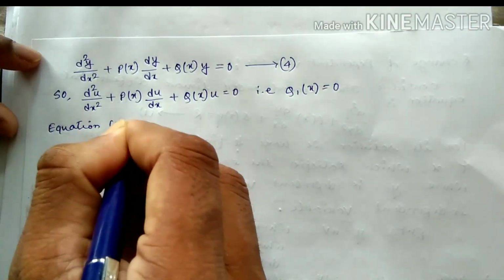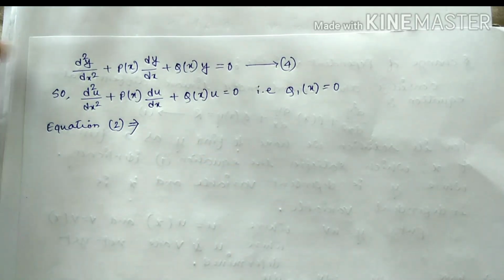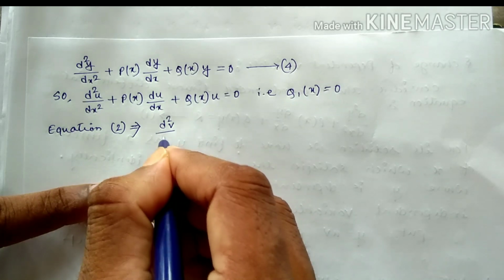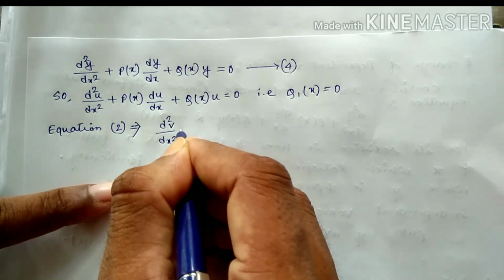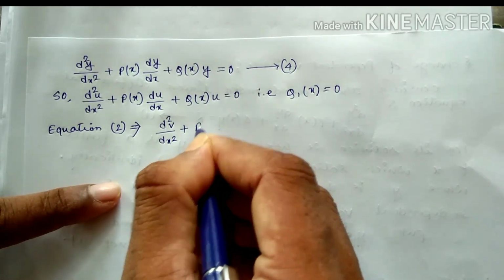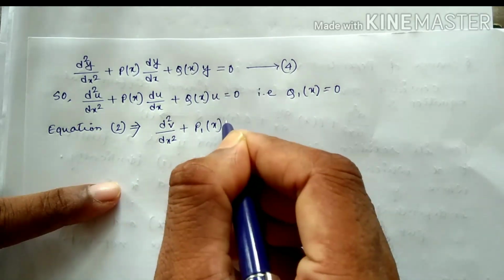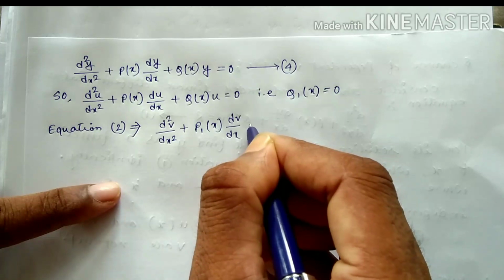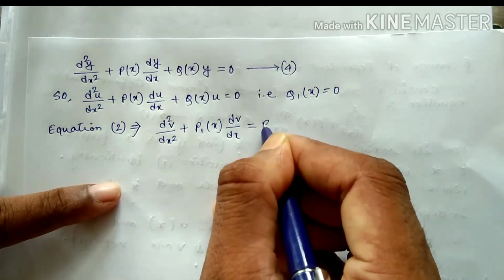Equation 2 implies that d2v upon dx square plus p1 of x dv upon dx is equal to r1 of x.